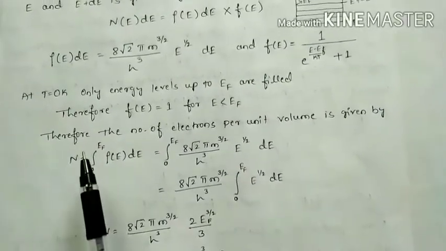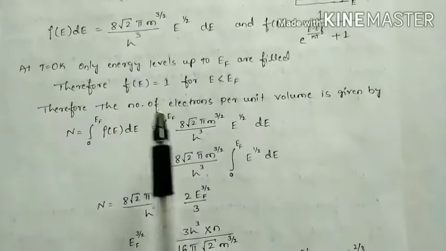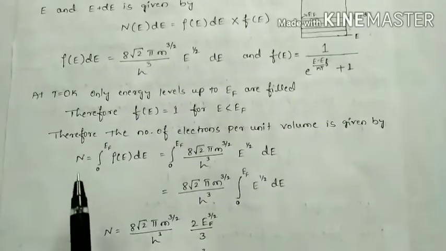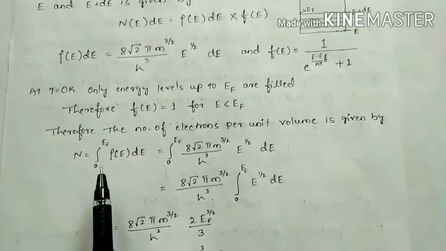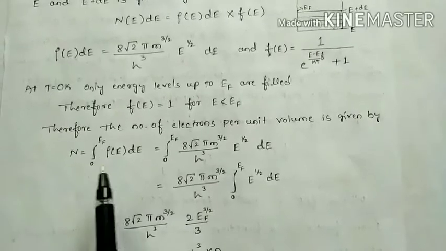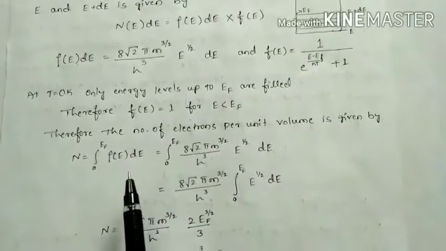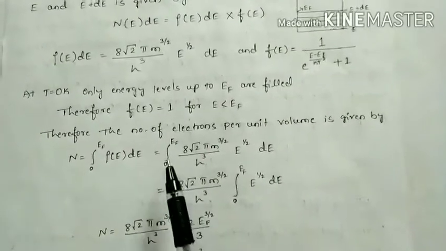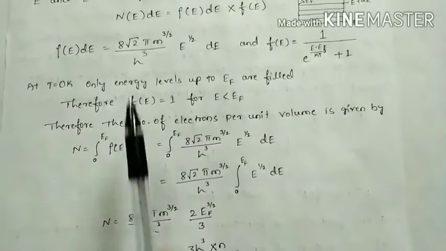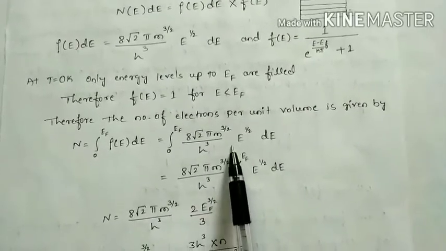Therefore the number of electrons per unit volume can be given by this expression. N is equals to integration from 0 to Fermi energy EF of rho of E dE, since F of E is equals to 1, it will become only rho of E into dE. This is equals to integration from 0 to EF of rho of E. This we are going to substitute here, so this expression we are going to integrate.